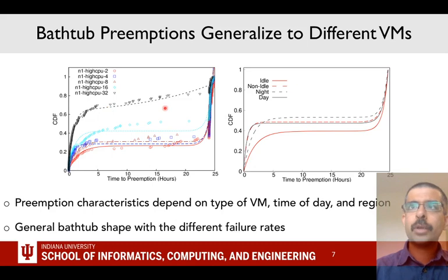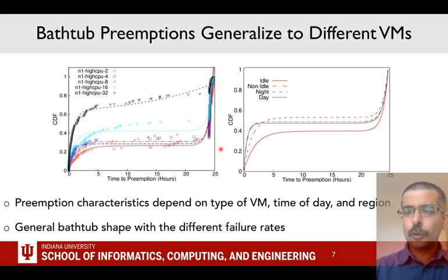They all have the bathtub shape, but the exact characteristics of VMs of different types are slightly different. For example, the black curve corresponds to the preemptions of the VMs with 32 CPUs, and those VMs are preempted more during their early phase as compared to some of the other smaller VMs.